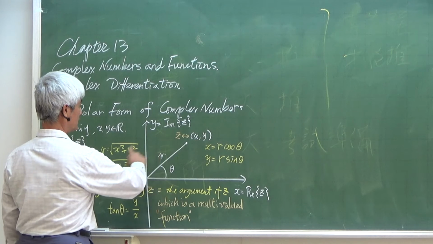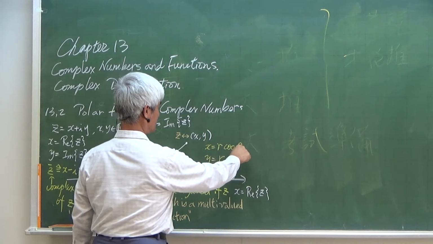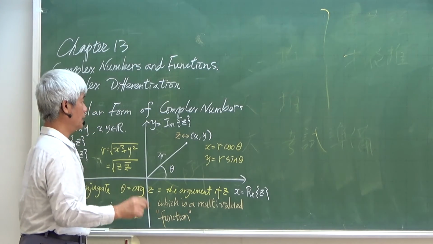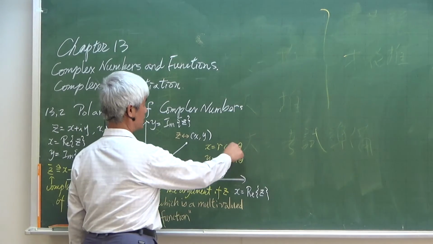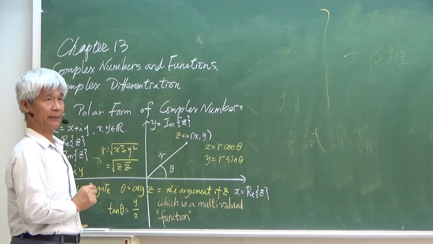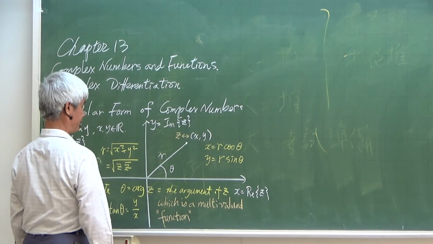So basically, when theta is added by an integral multiple of 2 pi, then you will get the same x and y. So that means that you get the same complex number. So that's why theta can be multi-valued.